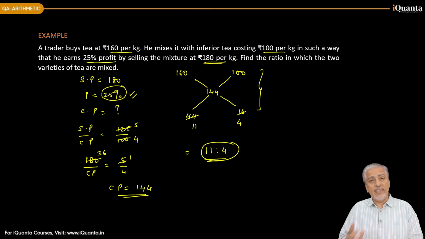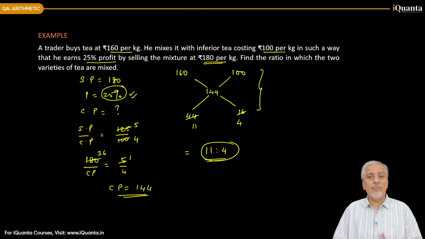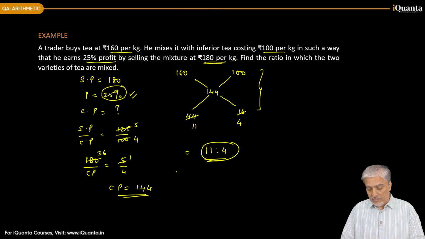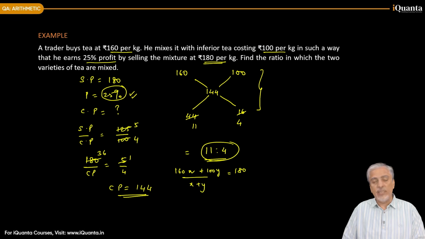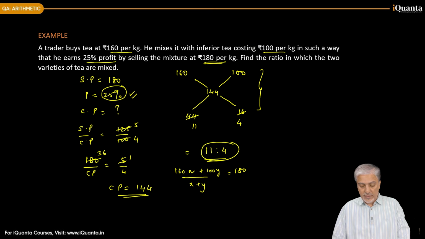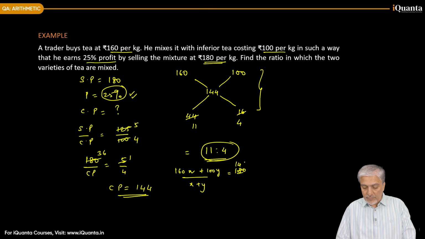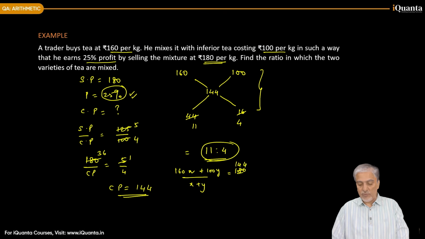And for those who want to understand a method without alligation, the method will be: suppose x kgs at 160 and y kgs at 100, so (160x + 100y) upon (x + y) is, sorry, not 180, 144. The average cost price was 144.